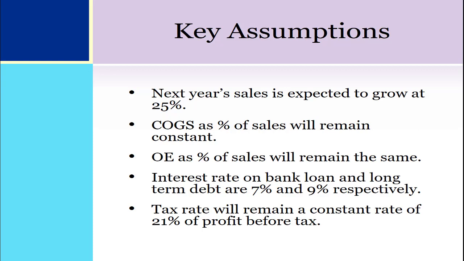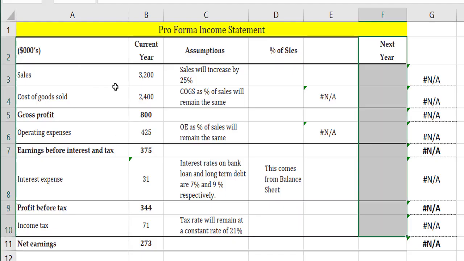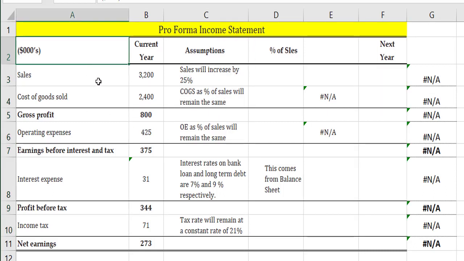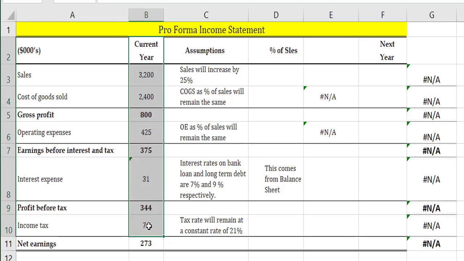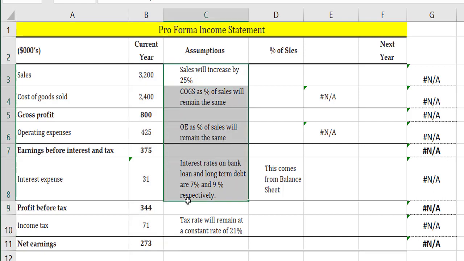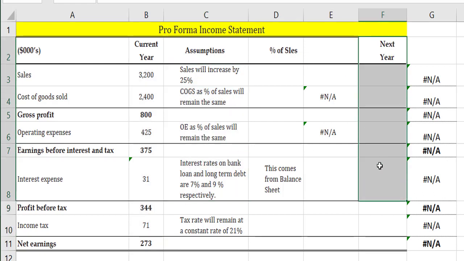Next, I want to provide a numerical example showing how to forecast different items on the income statement. Here I have an income statement. The figures in this income statement are in thousands. It has data for the current year, and I want to forecast values for certain items for next year.